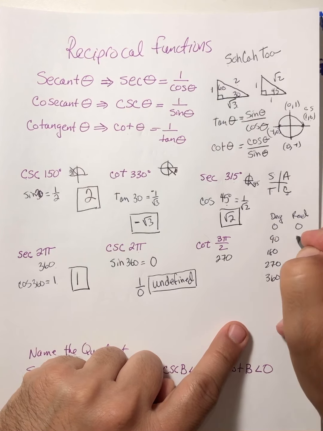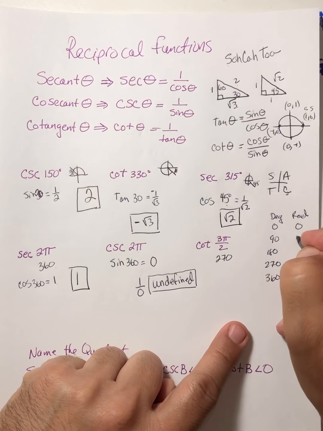So now we have 0 on top over a negative 1, because that's our cosine over sine, which gives us 0. So in other words, if you take an undefined and flip it over, you have 0. If you take 0 and do the reciprocal, we have undefined. Okay, so I use my identities right there, from our ordered pairs.